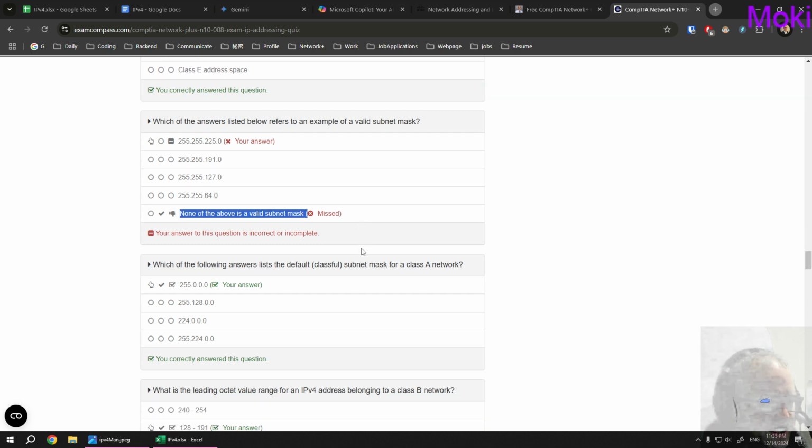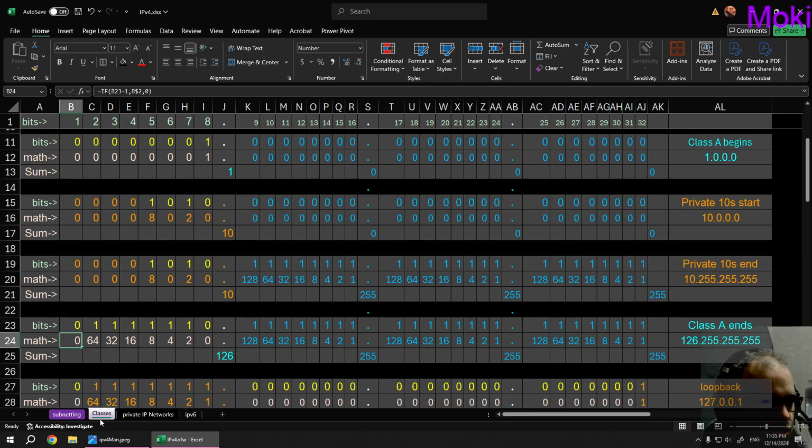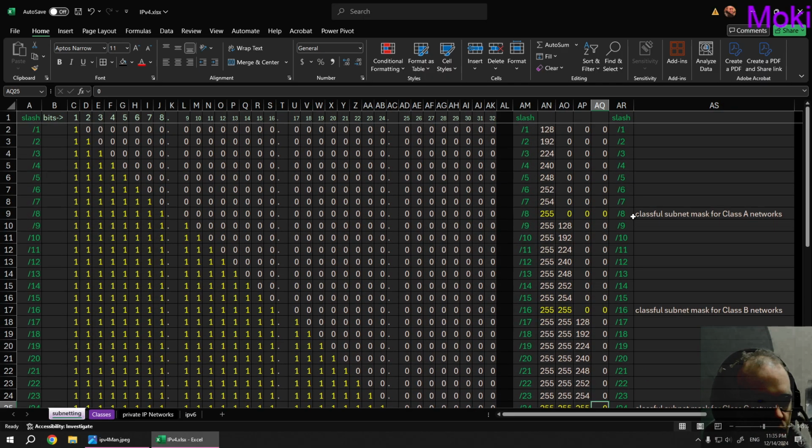Which of the following answers list the default subnet mask? Hold on, I'll just go into subnet masks. It's got to have one of these numbers because we're going from left to right. So you go 128, 192, 224, 240, 248, 252. I had some way to memorize this.